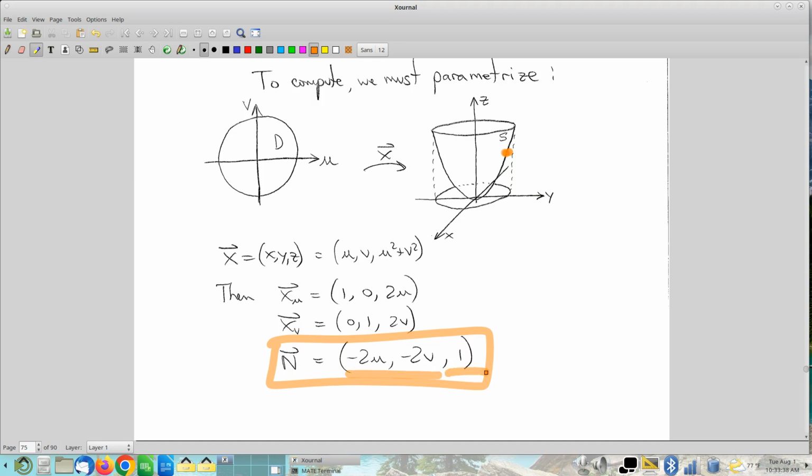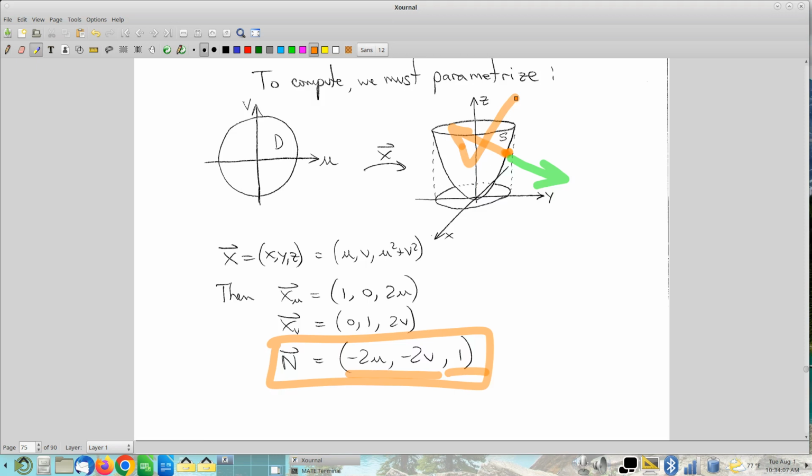This suggests that it points up, not down. That means it's going to be kind of like this, right? I know it's got to be perpendicular to the surface, so I know it's either that or this, one or the other. And given that it is pointing back toward the z-axis and somewhat slightly upward, I claim that it's this orange one right there. That's the capital N vector that we produced.